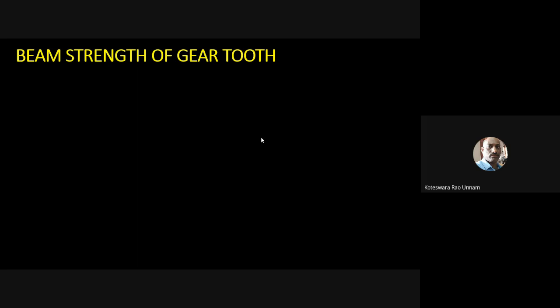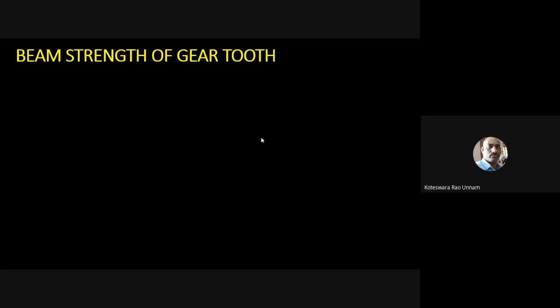First we saw beam strength, and how we can use it to identify whether the gear tooth is going to fail or not. After that, we'll discuss wear strength, and check when the tooth is going to fail according to wear strength. With that, we cover the analysis of the gear tooth. After that, we'll take some numerical examples.